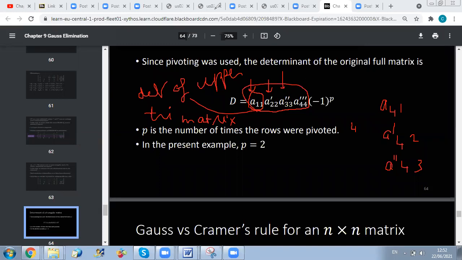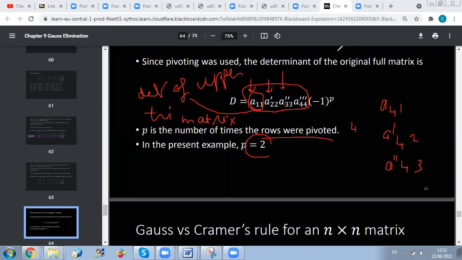For example, in this example the rows were pivoted 2 times. So if the rows are pivoted an even number of times, the determinant of the full matrix is equal to the determinant of the upper triangular matrix. If we pivot an odd number of times, meaning 3 or 5 or 1, then they become opposite in sign. They stay the same magnitude but become opposite in sign.